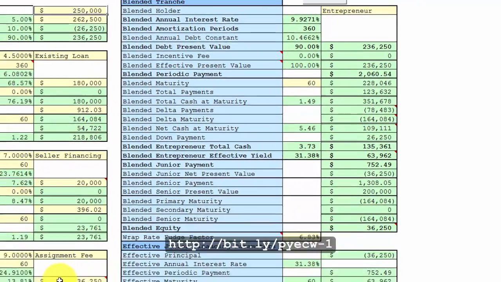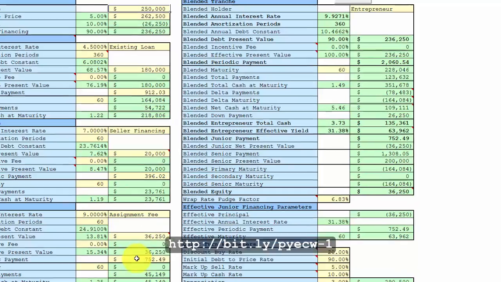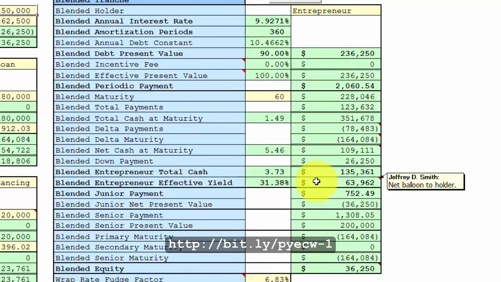So you're lending $36,250. You're getting $753 a month for 5 years. And at the back end, when the buyer sells or refinances, you're getting another $64,000. And you never took title to the property. You're not in a sandwich lease option.